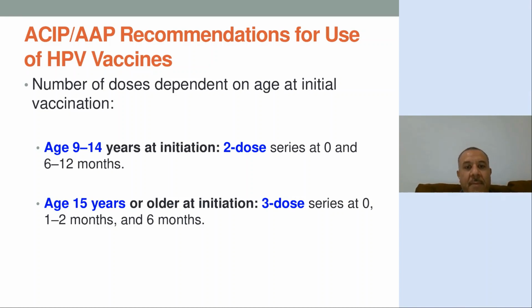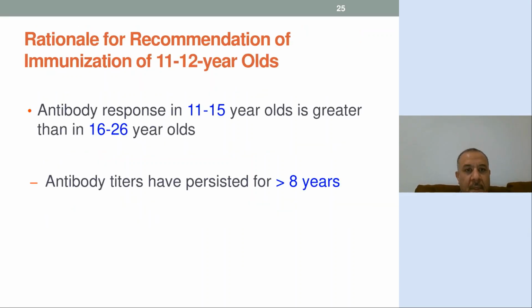If the patient comes later, you can also give the booster dose. If the patient is more than 15 years of age, we need 3 doses: 0, 1 to 2, and 6 months. It is similar to the hepatitis B virus protocol. Why do we give only 2 doses below 15 and 3 doses above 15?